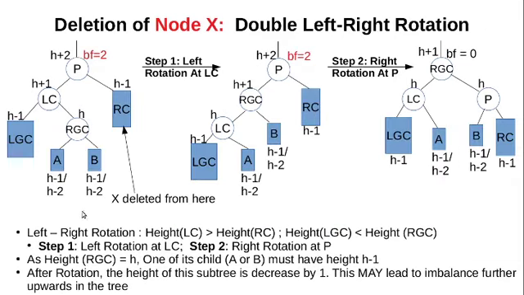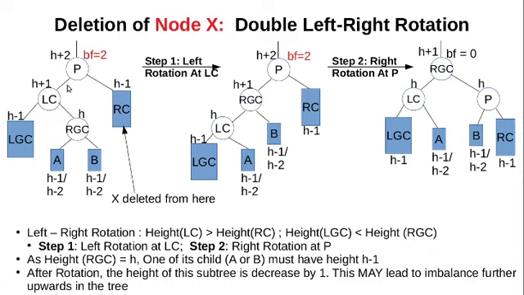Let's now formally show that the double left-right rotation restores the balance factor in the left-right case. Consider the symbolic tree on the left in the slide. Here, a circle represents a node and a rectangle represents a subtree.